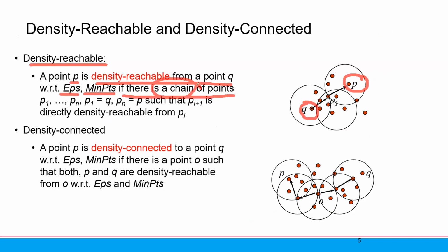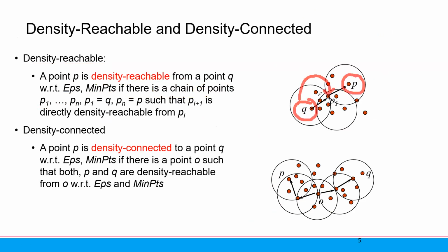You know chain? If there is a chain, it means I can go from Q through P1, P2, P3 and so on until Pn, which is P. I can reach it from Q through different points.